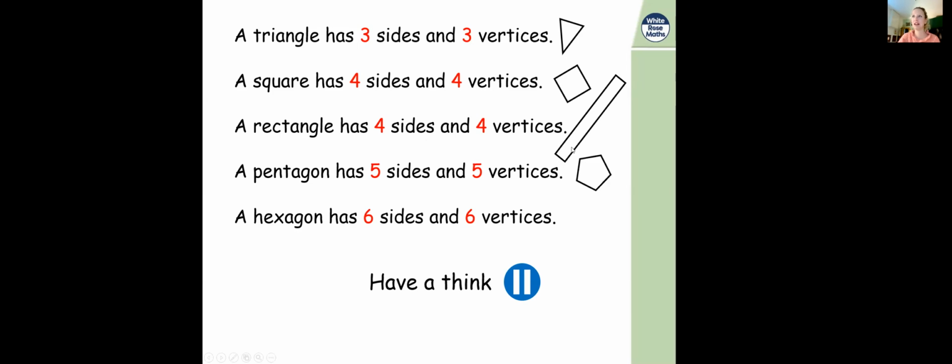A pentagon, 1, 2, 3, 4, 5 vertices and 5 sides. And a hexagon, here's a hexagon, children. 1, 2, 3, 4, 5, 6. So it could well be true that when we're looking at 2D shapes, there are the same number of sides as vertices.